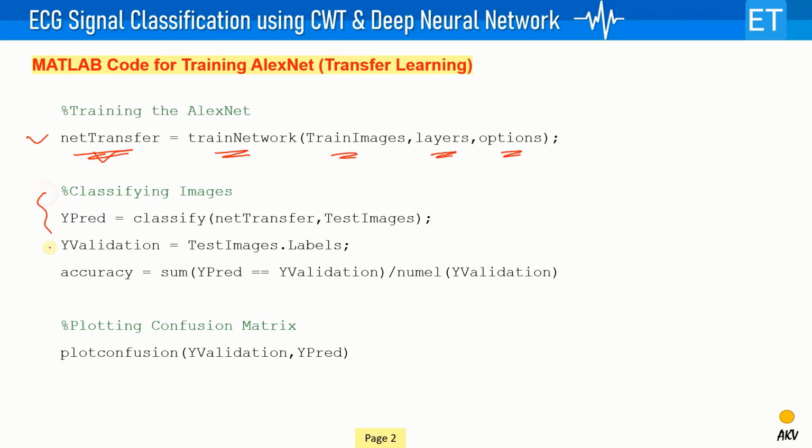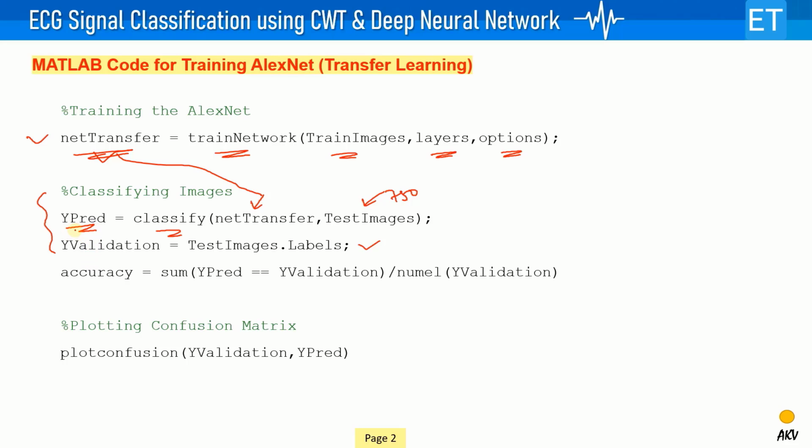And then we will classify our images by the classify command. So this is my new network, the same variable here, and then all test images, all 750 images. And then Y validation. So Y validation is the actual labels of my images. All labels are stored in this Y validation, and this is Y prediction.